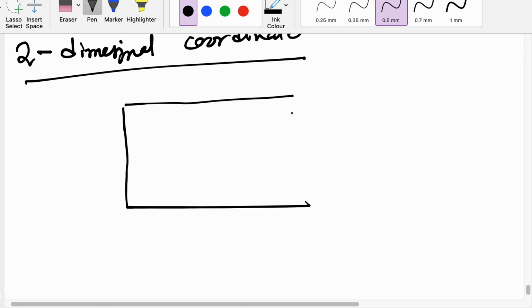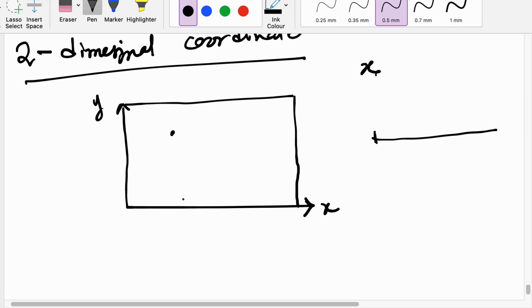Previously our space was one coordinate because only x was there, and the oscillation was going on along the x-axis only. Now suppose our space is x and y. So a point here is denoted by x comma y, and oscillation means both x and y have to return to their values.